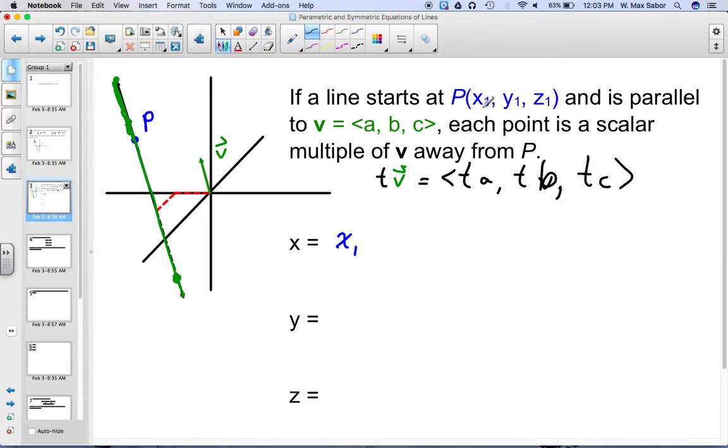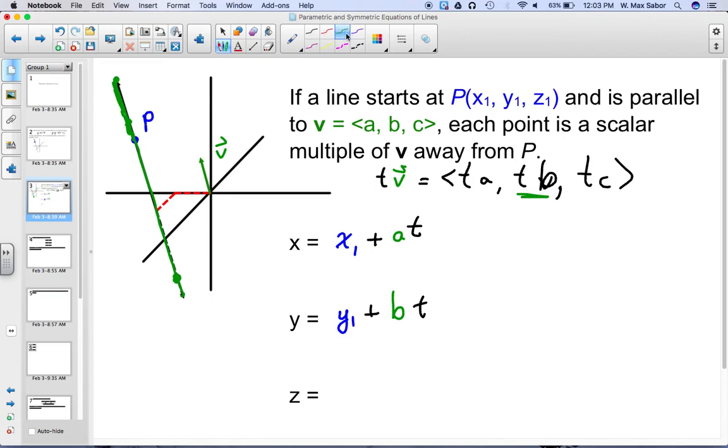And we're adding each of those to our coordinates, so x1 plus ta. Although typically we'll write them in the opposite order because a is staying the same and t is the parameter. So we'll typically write it like this. Now the y-coordinate is y1 plus b times t, because we're adding bt.